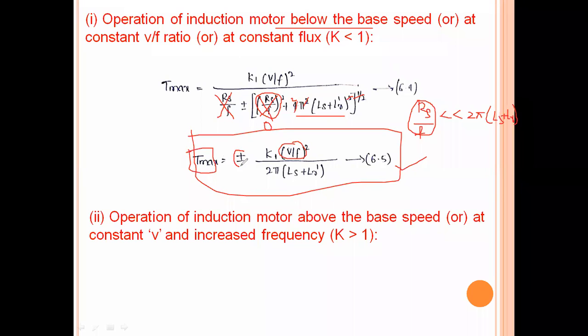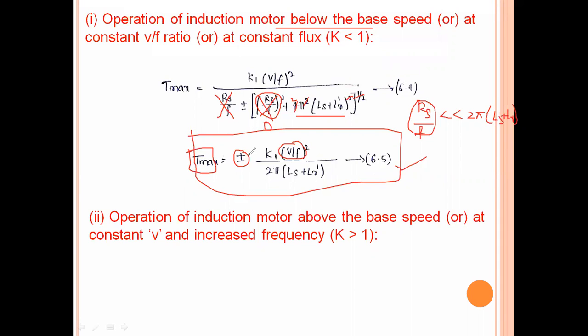And you can observe here two symbols are shown, a plus symbol and a minus symbol. We know the plus symbol indicates the motoring action and the minus symbol indicates the braking or regenerating action. If the produced torque is minus, then the motor is operating under braking or regeneration.